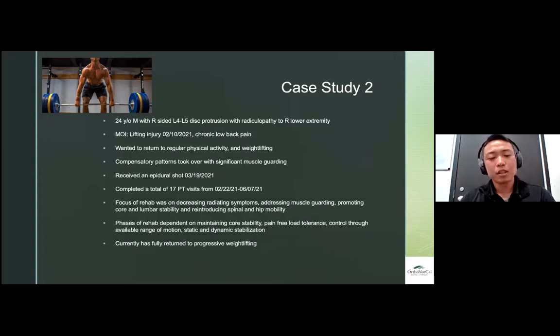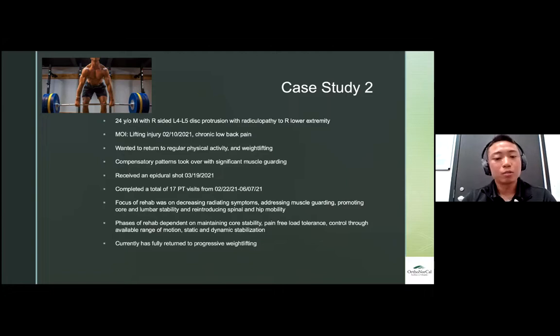For him, I focused a lot on, some people might be familiar with Superman's, laying down flat on their stomach and then lifting up their head, their upper back, and their legs in order to grab onto the extensors in the low back without causing muscle guarding and muscle strain. His rehab phases focused on maintaining his core stability, so bearing load through his back without discomfort, like deadlifting mechanics, and being able to maintain that control without breaking that bend in his back and causing his low back pain again.